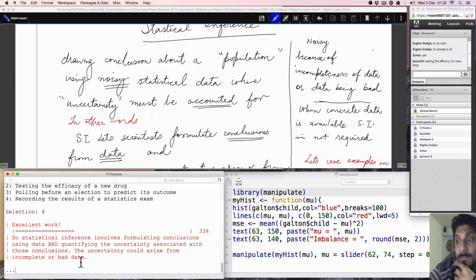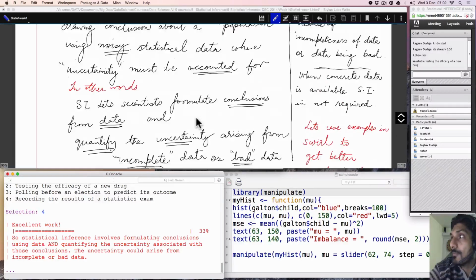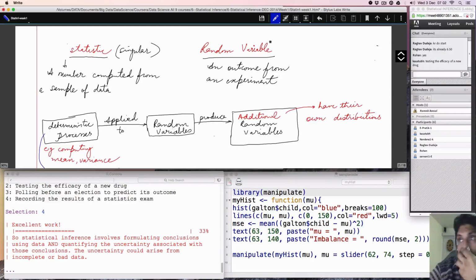So now it says, all the numbers that you compute from a sample data, each of these is called a statistic. When you say statistics, right? So for example, mean is a statistic, median is a statistic, another statistic.